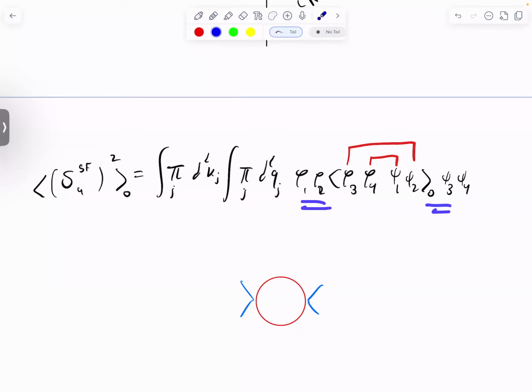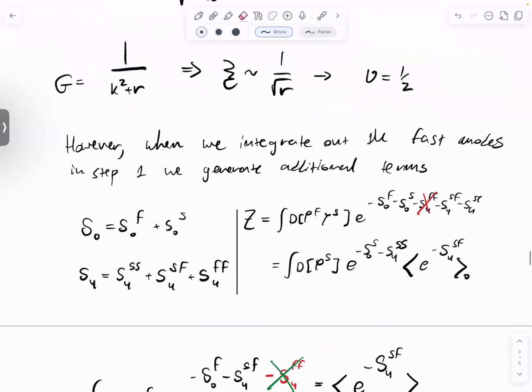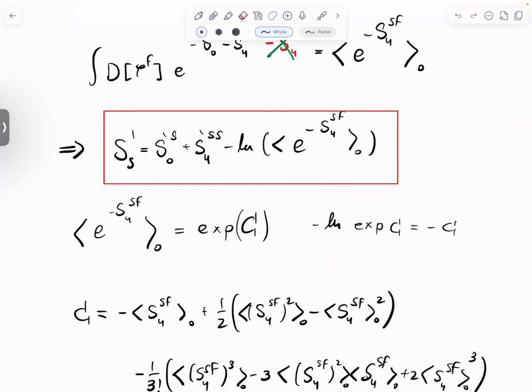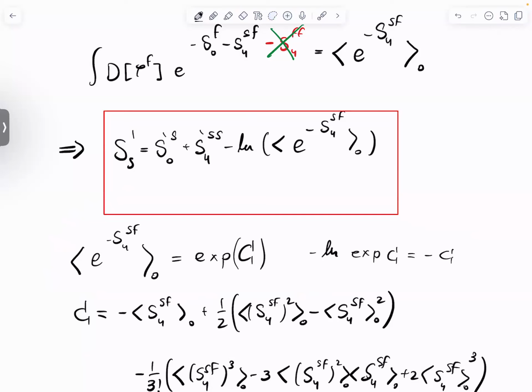So if I plug it back in here, maybe it'll be easier if I write this thing as S0 prime, S plus S4, minus C. So I computed a couple of terms in this cumulant expansion, and for example, I just showed you that this guy normalizes the interaction.